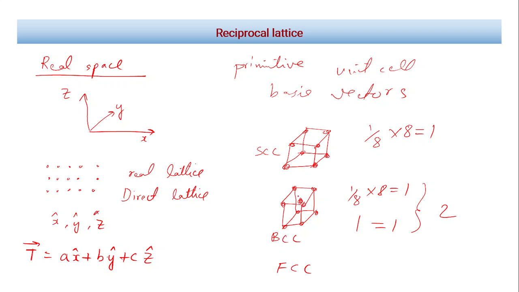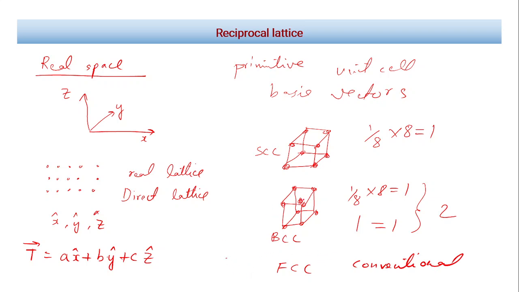So, as I said, these are not primitive because there are more than 1 atom in this unit cell. So that's why we came up with the name that this is not primitive but conventional unit cell. Whenever we talk about BCC, whenever we talk about FCC, we draw them in this particular way.